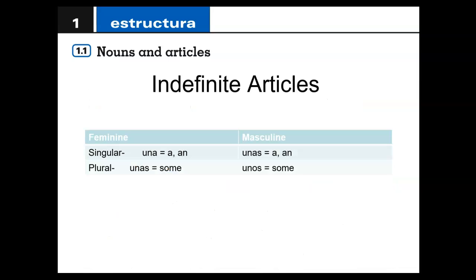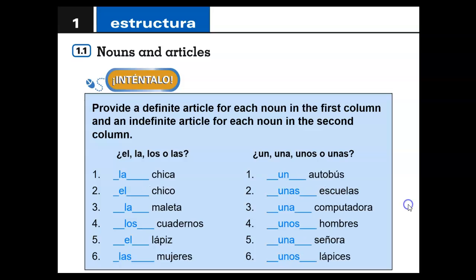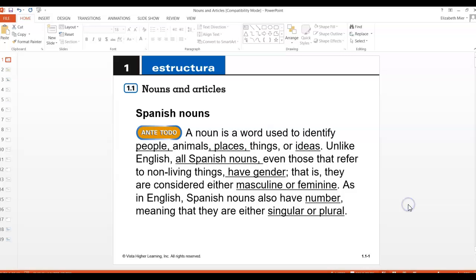I wrote that down for you. You have singular and plural for your feminine, and then you have your masculine forms, which I actually need to change for you.